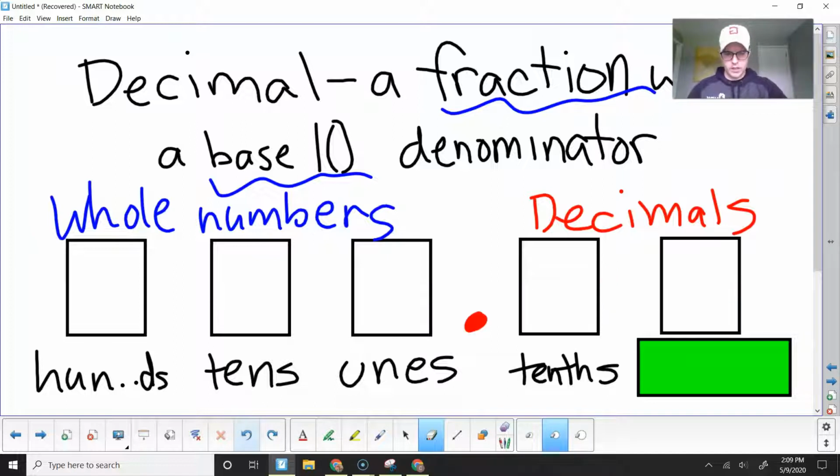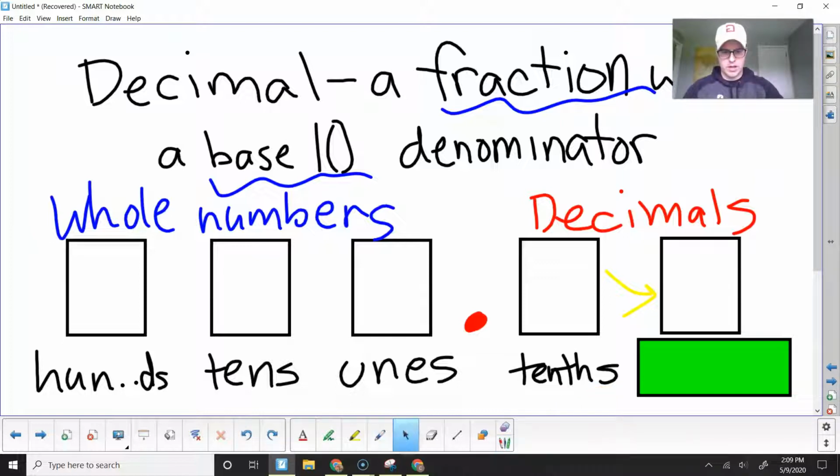Okay, now what if I go even further to this place value? So I was at tenths, now I'm at, do you remember what comes after tenths? Well, here's my hint to you. What comes after tens and the whole numbers? Hundreds, right? So what do you think comes after tenths with a THS at the end?